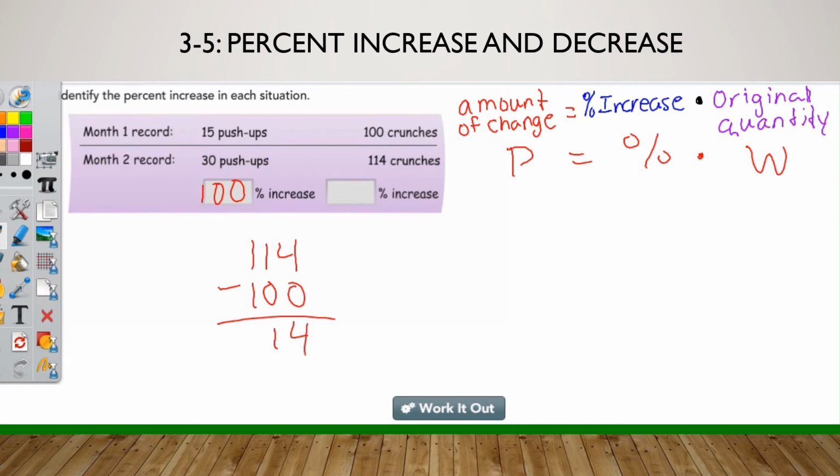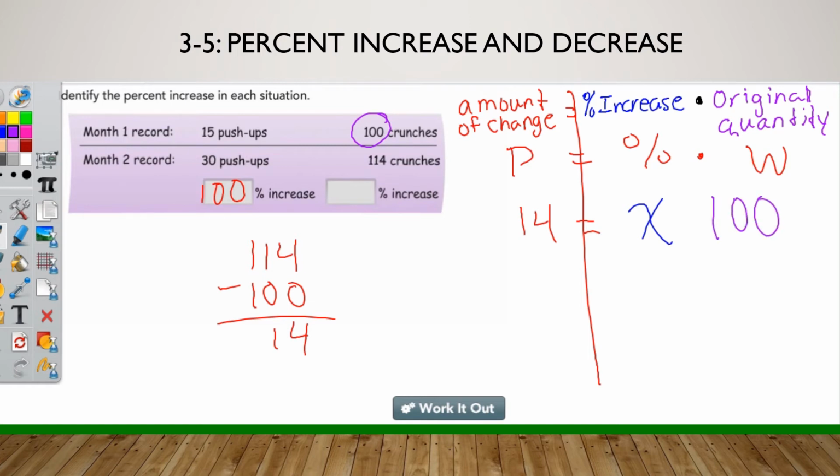So that lets us know what our part is. Our part is 14. Our percentage, well, we don't know that yet. That's what we're trying to figure out. So our percent is, in this case, the percent increase. Our whole is the original quantity. So we have to look at month 1, which is 100.